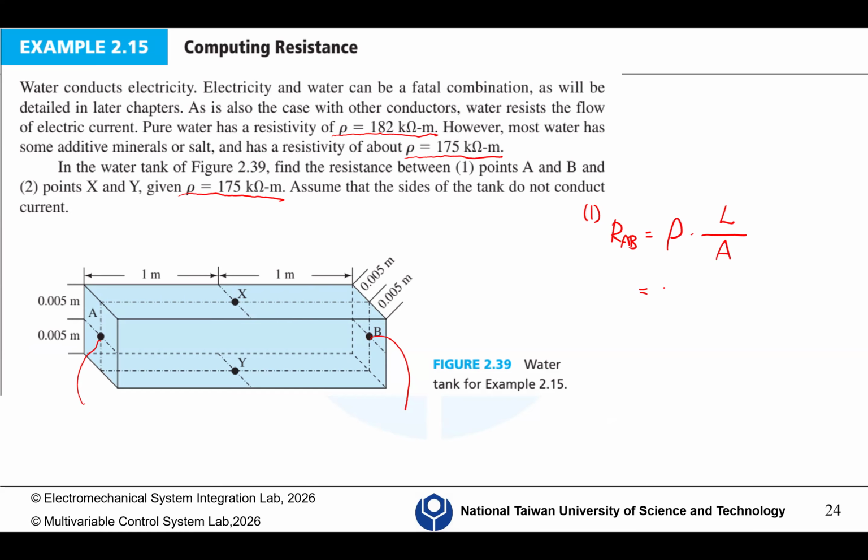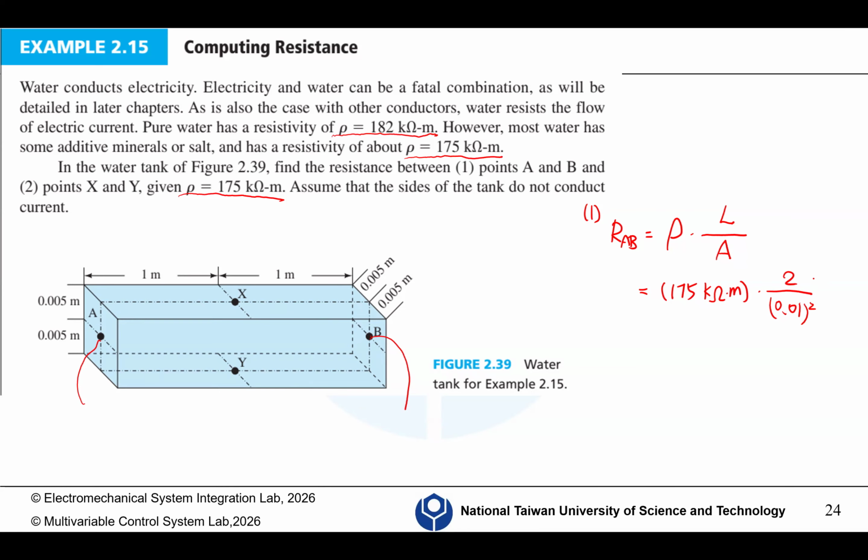The resistivity of water is 175 k ohm meter, the length between A and B is 2, and the cross-section area between A and B is 0.01 squared.